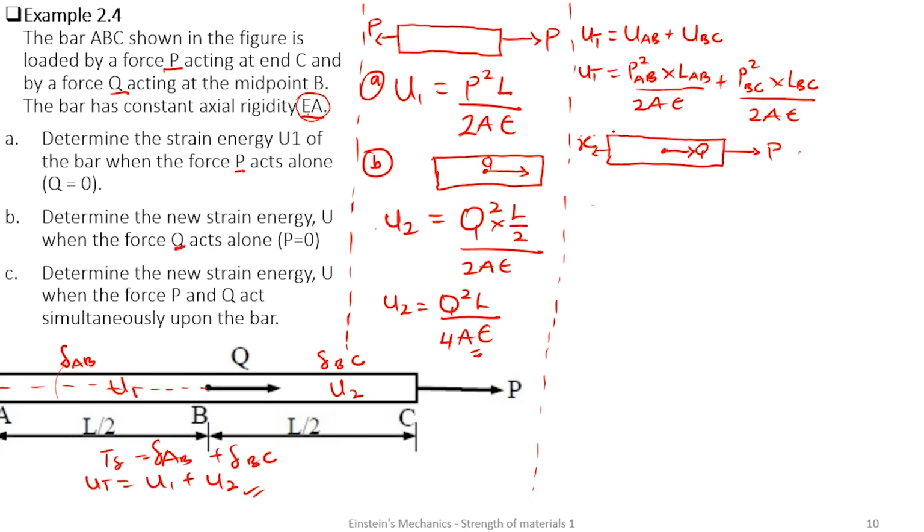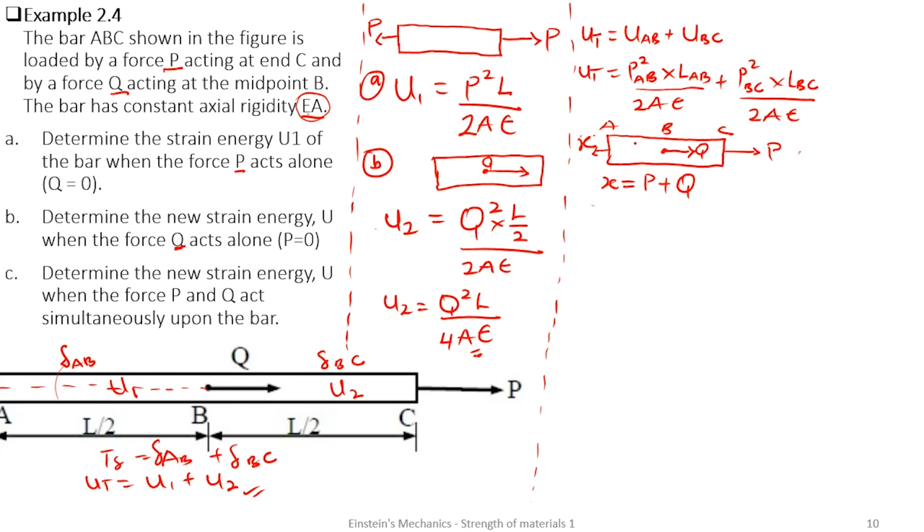We are going to call it X. And here is A, B, and C. So I really want to see what is happening inside AB. I'll make a cut. From this, we can sum the forces. Can we say X now is equal to P plus Q? Yes, because X is opposing the direction of P and Q.